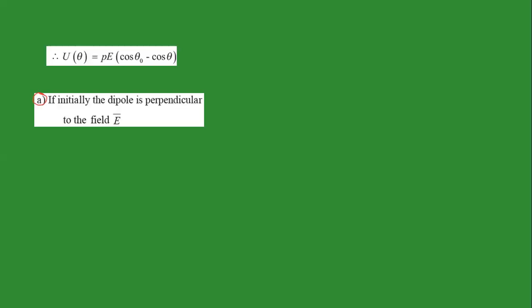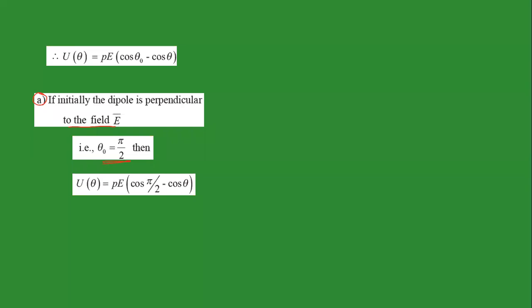The first case: if initially the dipole is perpendicular to the electric field, then this theta 0 is 90 degrees. Then the potential energy is PE (cos 90 minus cos theta).